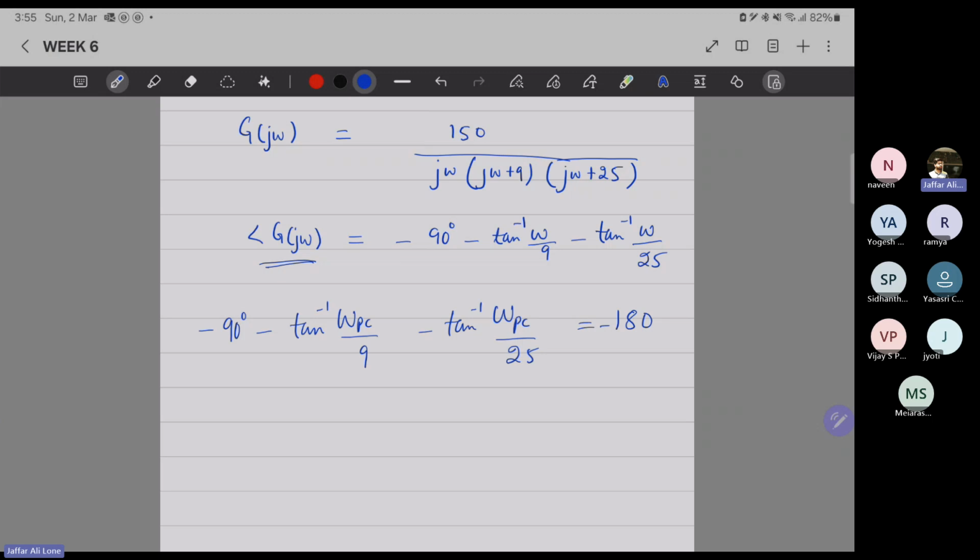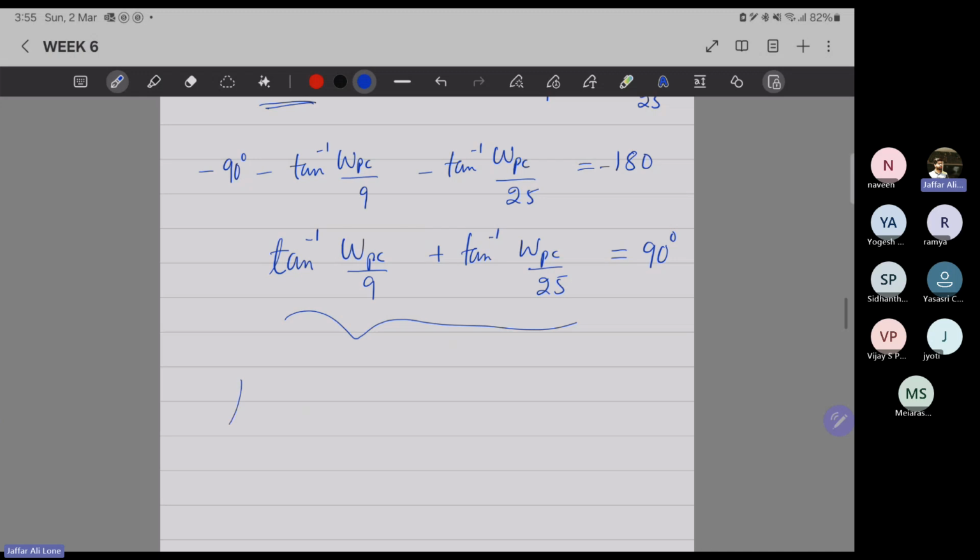If I take this 90 to this side and cancel the negative sign, you will get tan inverse of ω_PC over 9 plus tan inverse of ω_PC over 25 is equal to 90 degrees. I have given you the formula for tan inverse A plus tan inverse B, and I'm making use of that.